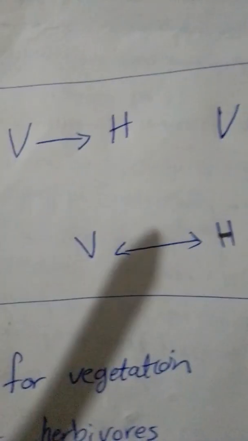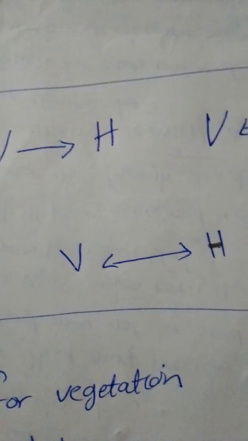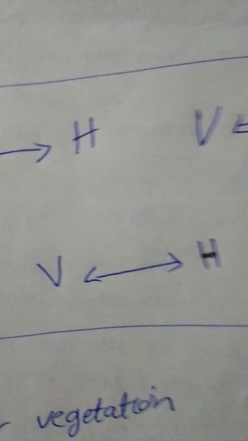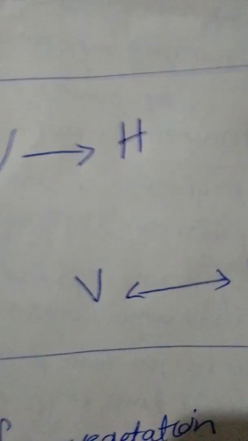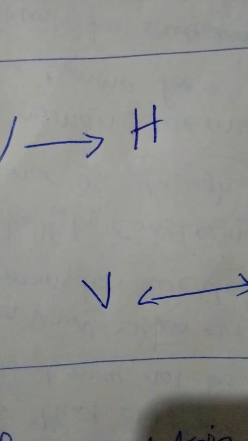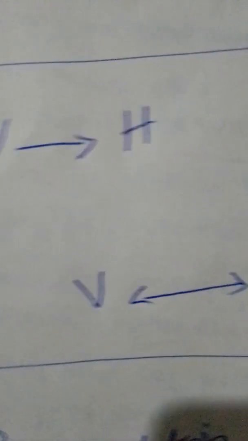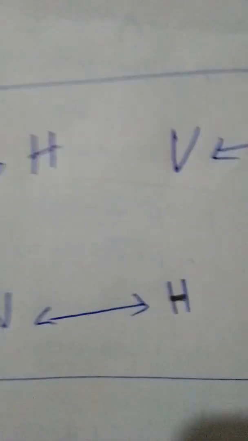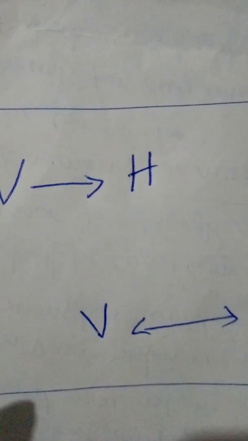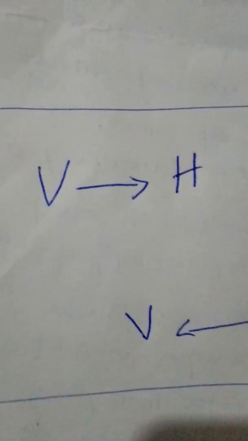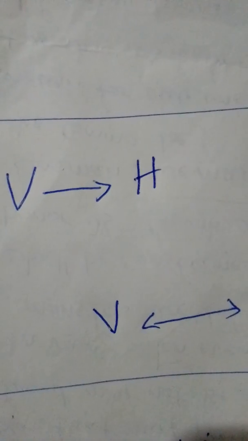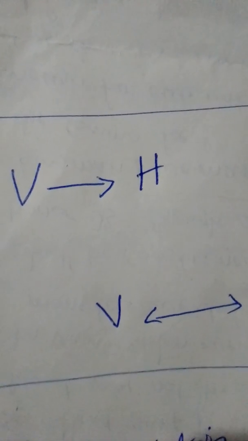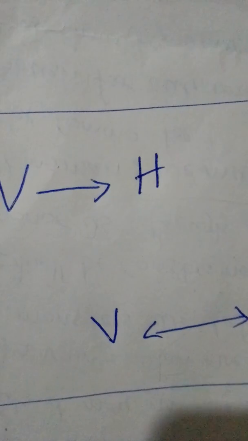Based on the possible interactions in our example, we can define two models of community organization: the bottom-up model and the top-down model. The V to H linkage suggests a bottom-up model, which postulates a unidirectional influence from lower to higher trophic levels.